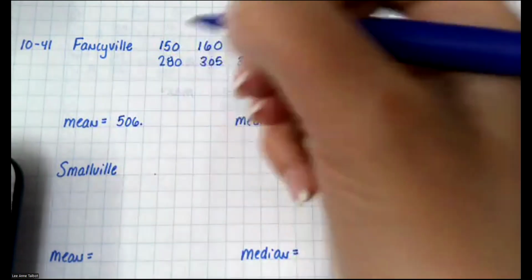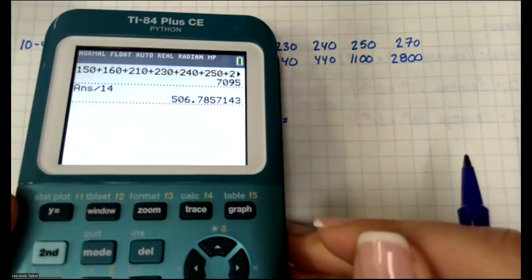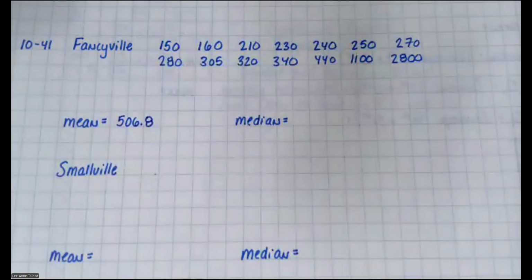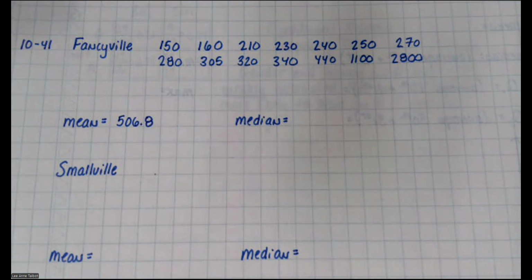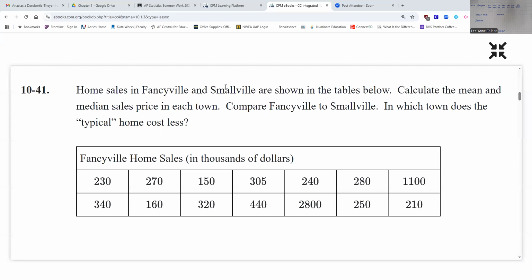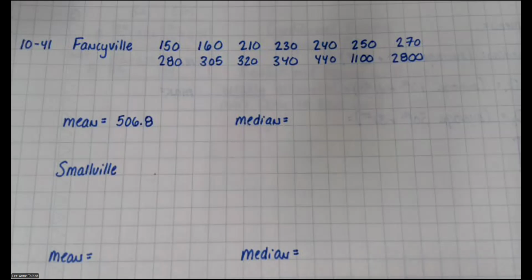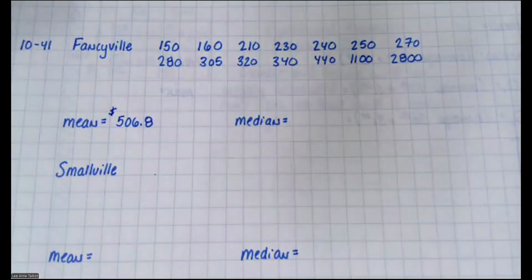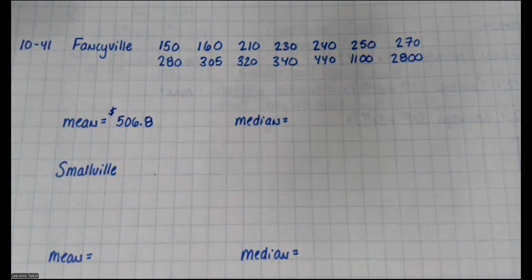I don't know. Did anyone else get the same thing as me or no? Okay. Yes. Okay. So let's look at the unit. Homes in Fancyville and Smallville are shown in the tables below. Home sales. Sales price. Yes, you're correct, except that this is in thousands of dollars, I believe.